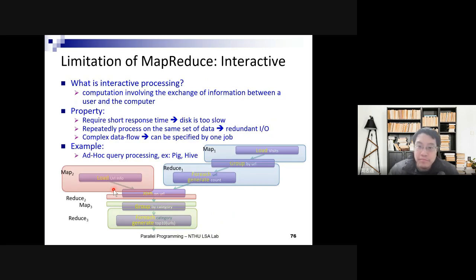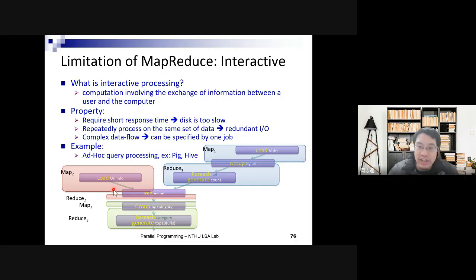Okay? And another limitation is that we cannot handle interactive data analytics. So what is interactive data analytics? It's exactly what happens when people use a solution like a database, right? Usually we submit a query and get some result immediately, and based on the result we decide what we want to do next.